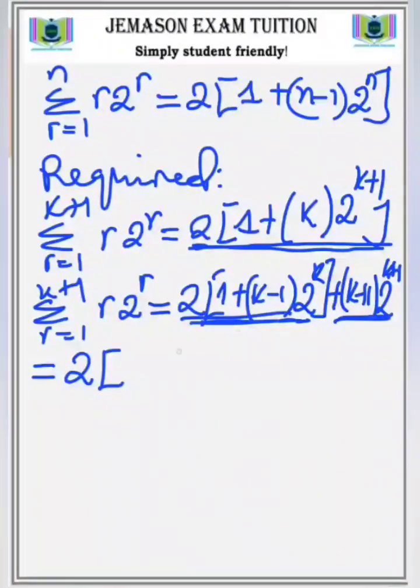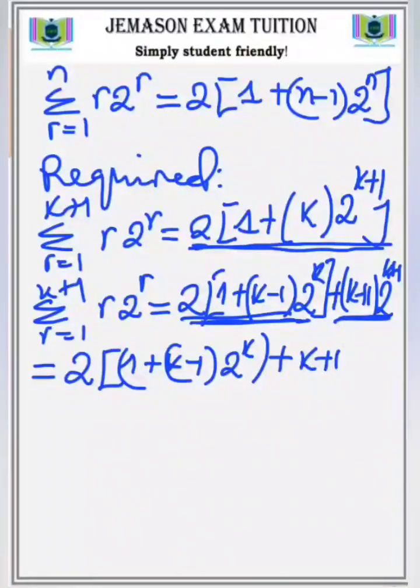So this first term divided by 2 will just give us 1 plus k minus 1 times 2 to the k, and then plus k plus 1 times 2 to the k plus 1 divided by 2. When you divide 2 to the k plus 1 by 2, you get 2 to the k plus 1 minus 1. So we'll just be left with k plus 1 times 2 to the k in that bracket.